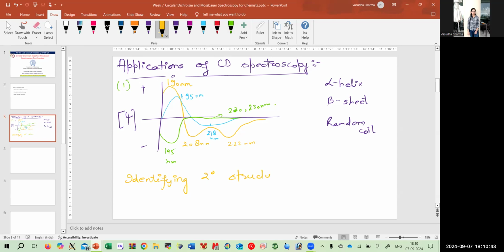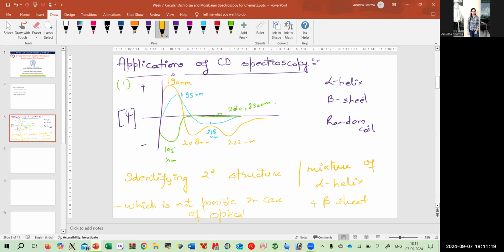Also, if it's a hybrid kind of system where we have both alpha helix as well as a mixture of alpha helix plus beta sheet, we can see that from CD spectroscopy very easily, which is not possible in the case of the optical spectrum, because there it would give you more or less a similar spectrum, with just a change in intensity or a little shifting.